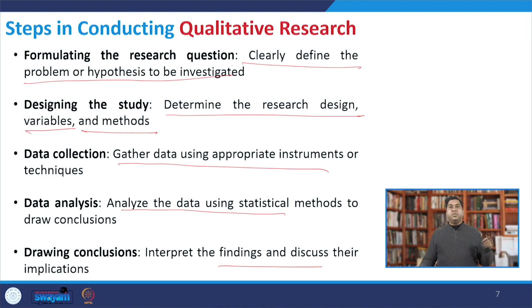It is not as simple as 2 plus 2 equals 4, because somebody just mentions something against certain questions, and probably the respondent tried to convey something, the interviewer understood it in a different way, and then finally the reporting is done in a different way. So challenges are there, and that's why it all depends on the researcher's experience and the researcher's ability to interpret.